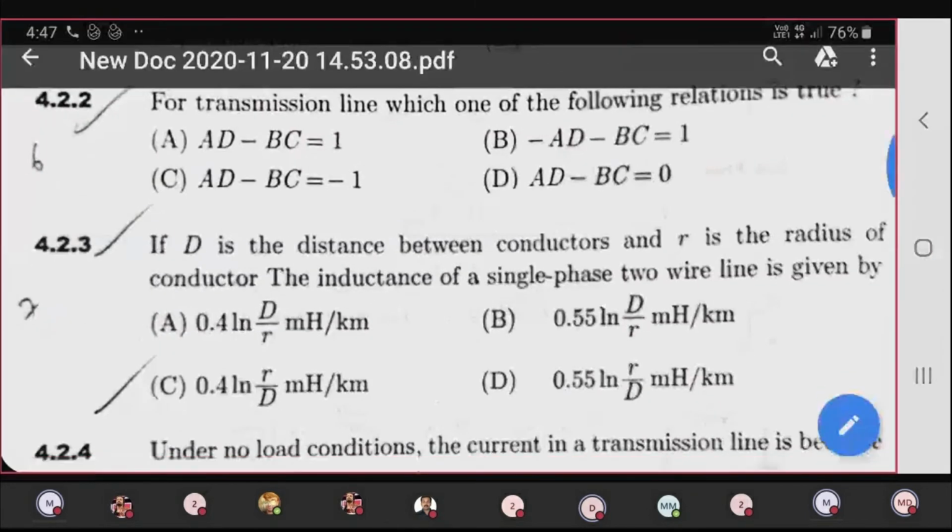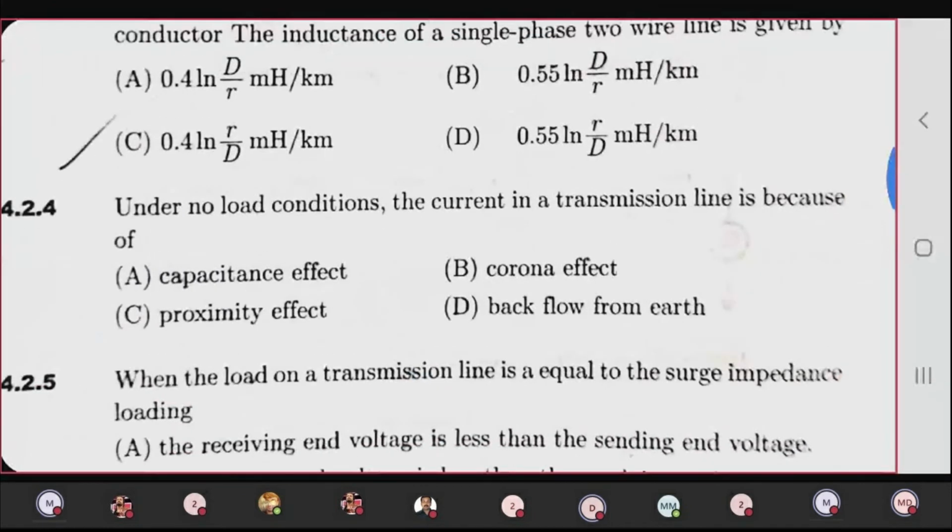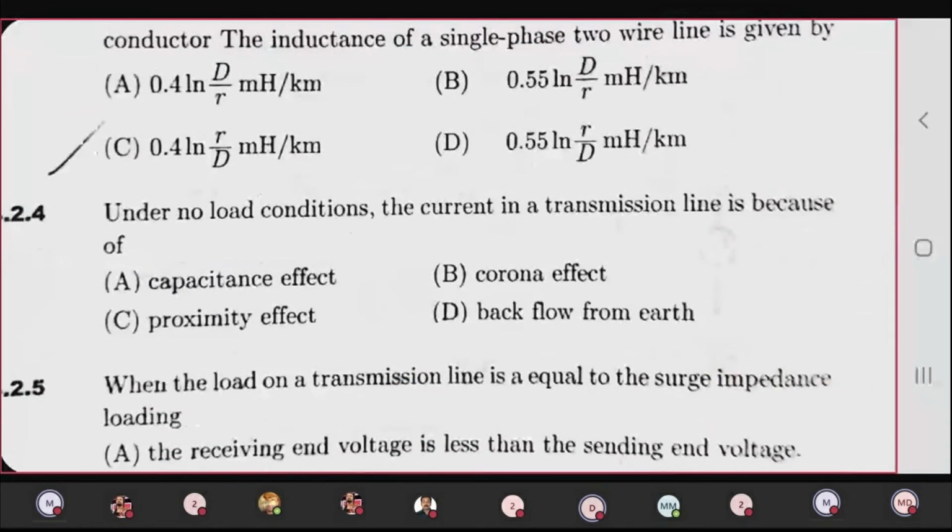The fourth question. Under no load conditions, the current in a transmission line is because of: option A, capacitance; option B, corona; option C, proximity; option D, backflow from earth.